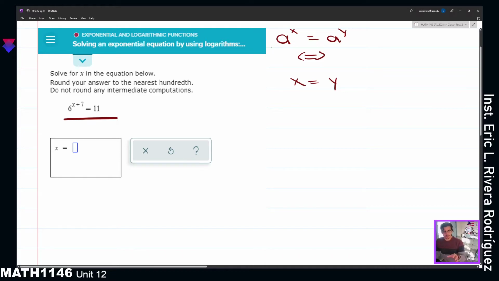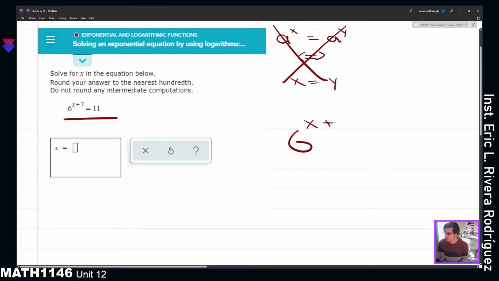If we have exponential expressions, our goal in unit number 10 was to first find a common base between the two exponential expressions in the equation, and then use this property. Basically, we're canceling those common bases and taking the exponents and putting them in an equation itself to solve for the variable. What's the problem here? This property can't be used because 6 and 11 do not share a common base.